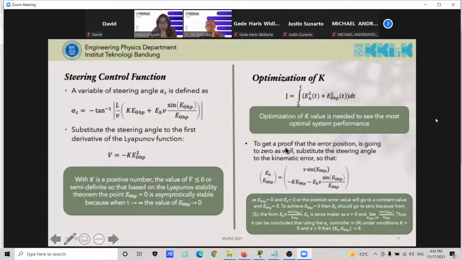And to prove that the position error also goes to zero, we can substitute the steering angle into the kinematic error. As the error of orientation is zero, the derivative of the position error is also zero, and the position error will go to a constant value, and the error of orientation is zero.